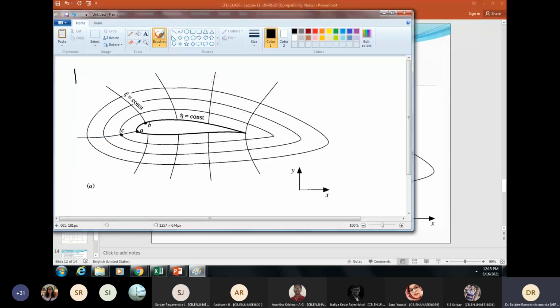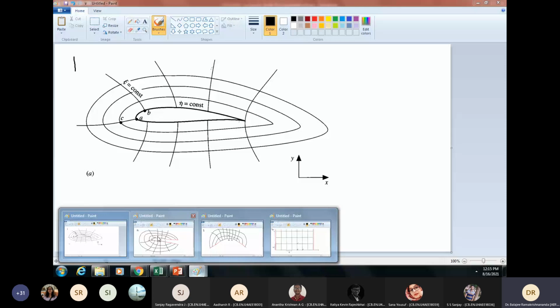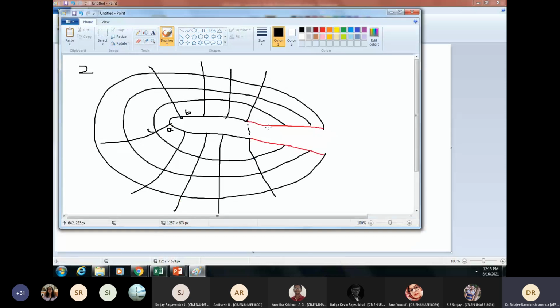See, this is the initial grid line. The next one, suppose you introduce a cut at this point.